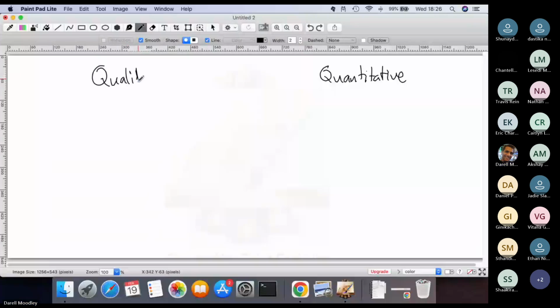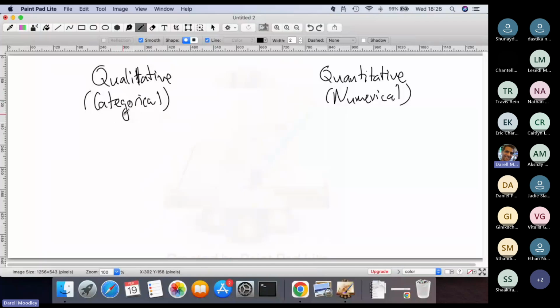Qualitative. And this you can think of as categorical. And this is numeric. All right. Now, the example I gave you for gender, that would be qualitative. And for quantitative, you can think of the example as age.